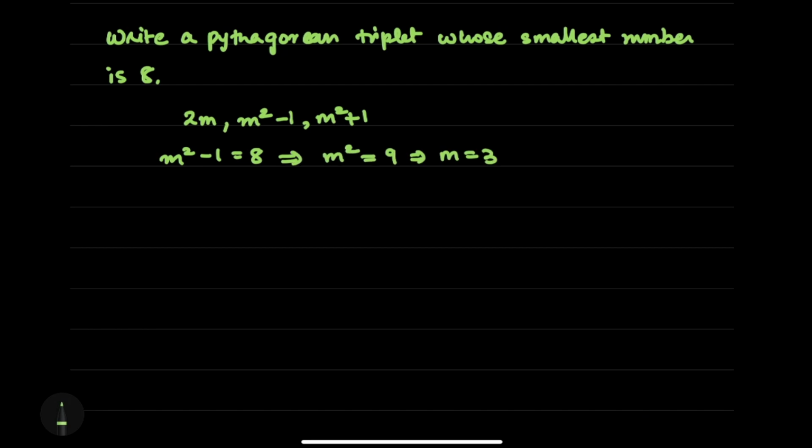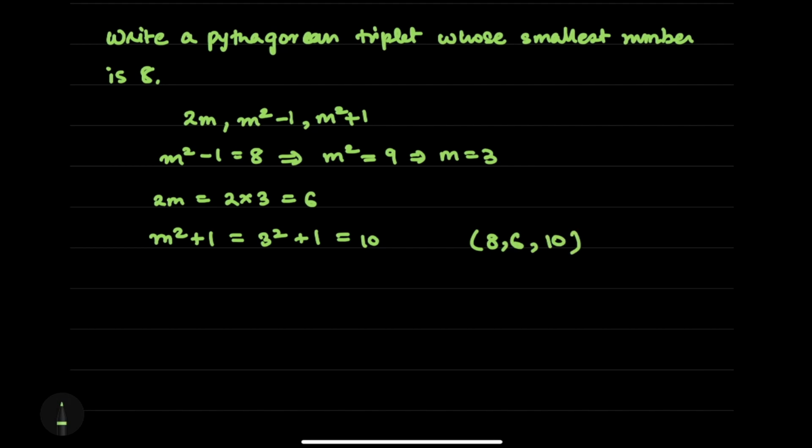And as we have this as a natural number, m equal to 3, we can find the other values in the Pythagorean triplet, and these would be 2m, which is 2 into 3, 6, and m square plus 1, that is 3 square plus 1, and that is 10. So this triplet comes out to be 8, 6, and 10.